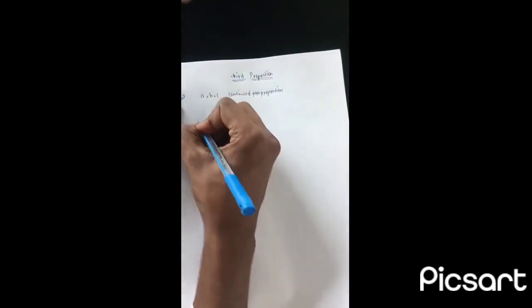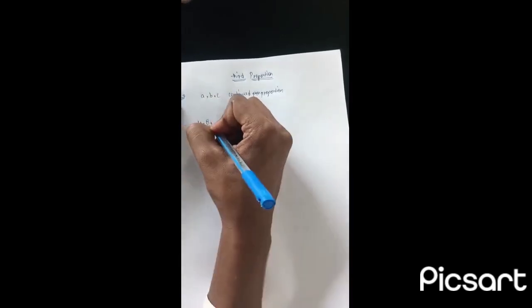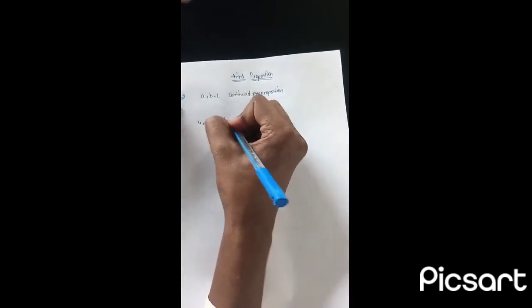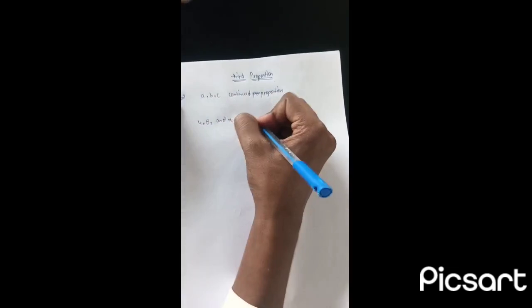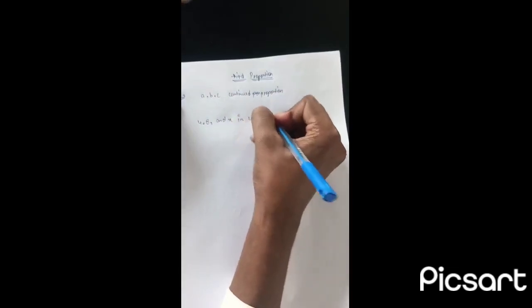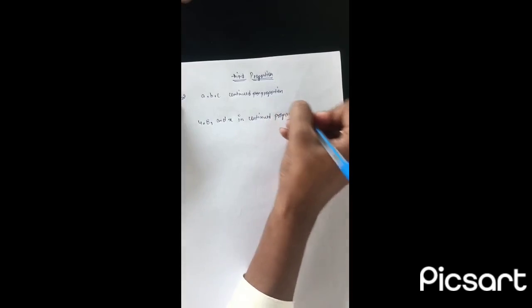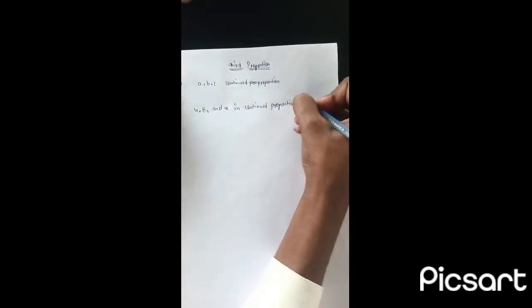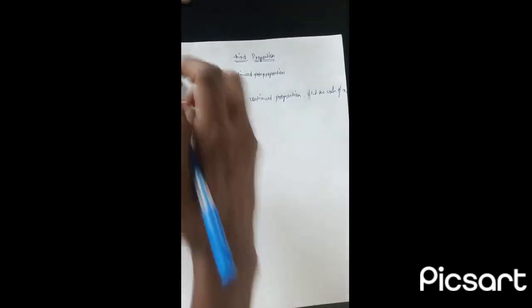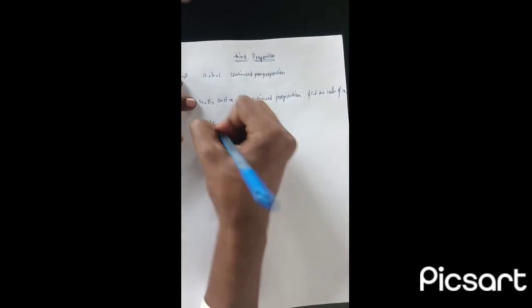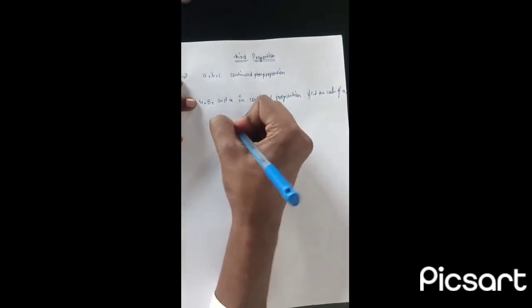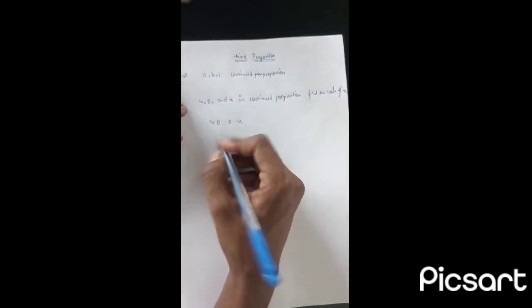Question number three says that 4, 8 and x are in continued proportion. Find the value of x. So here what we have to do is simply write 4 is to 8 as 8 is to x.